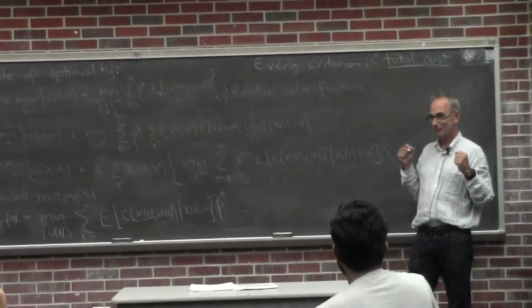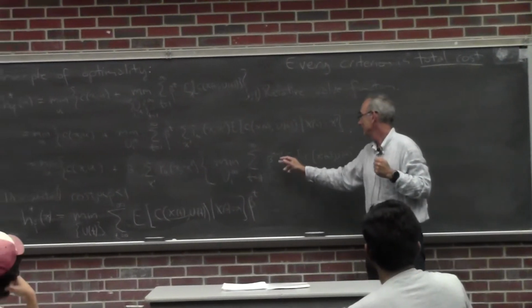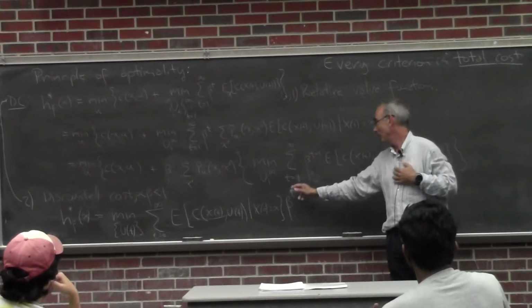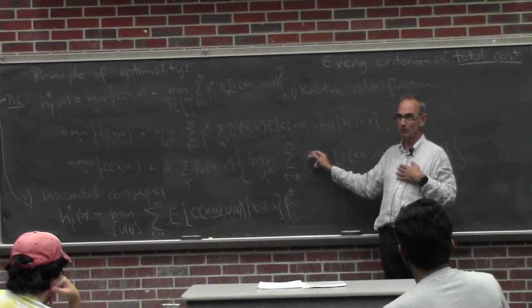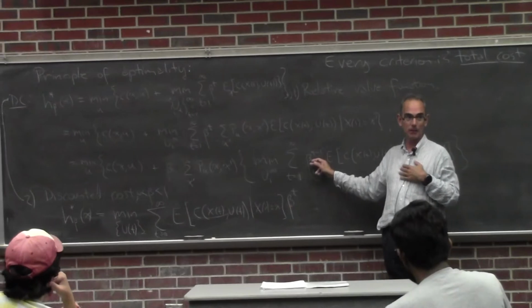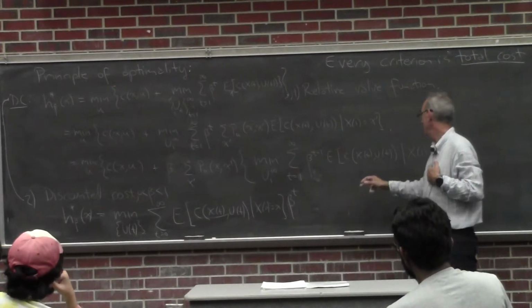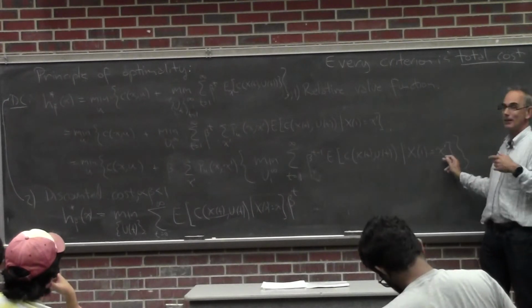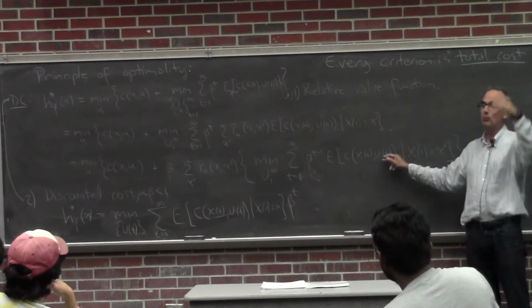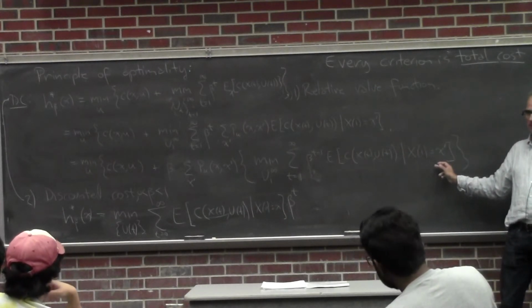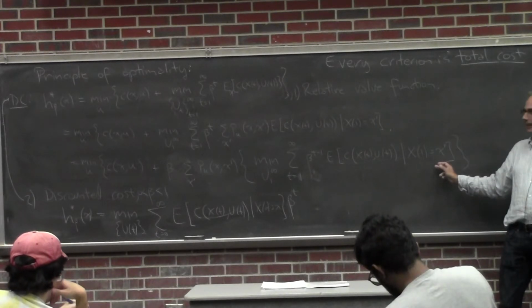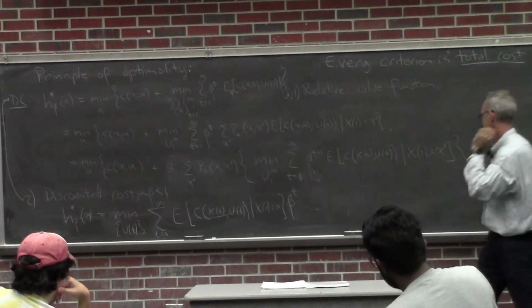It's J star, with beta, because it's going from 1 to infinity, so it's beta 0, beta 1, beta 2, the right sequence of discount factors, and this is the cost t minus 1 steps ahead, given I started at x prime. So there you have it.